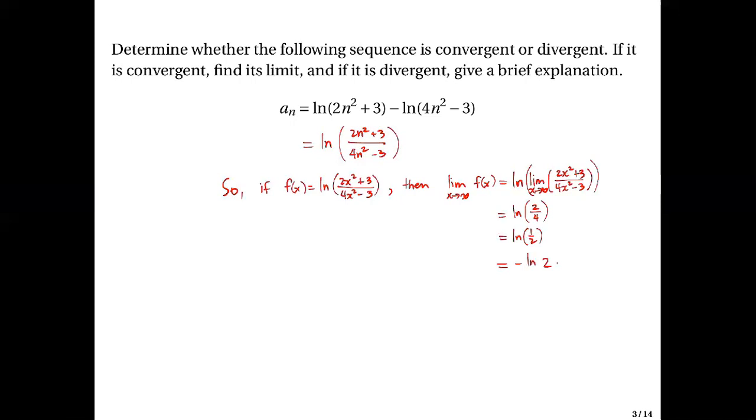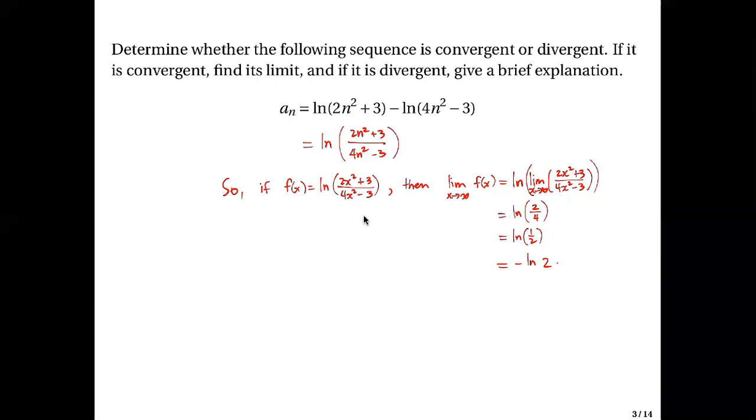Okay? Now, take note that this part here is necessary so that when you find the limit of the function as x approaches infinity, you can bring it inside the logarithm. Take note that you can only do this if you have a continuous function.